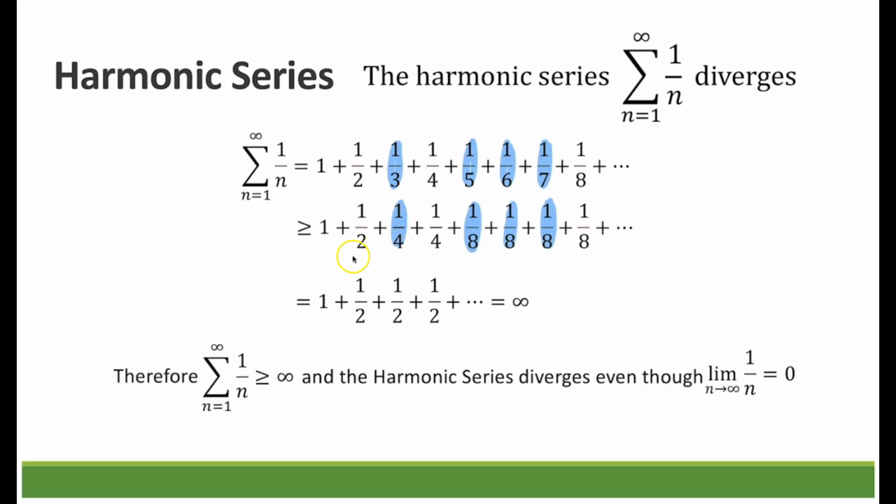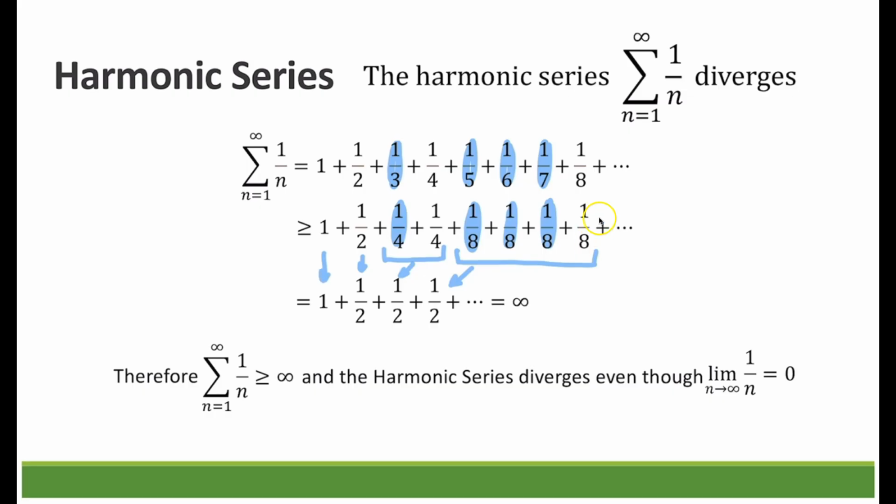Now let's do some groupings of this row. This sum is equal to 1, plus 1/2, plus 1/4 plus 1/4, which is 1/2. Then these next four terms, 1/8 plus 1/8 plus 1/8 plus 1/8, that's 4/8, another 1/2.